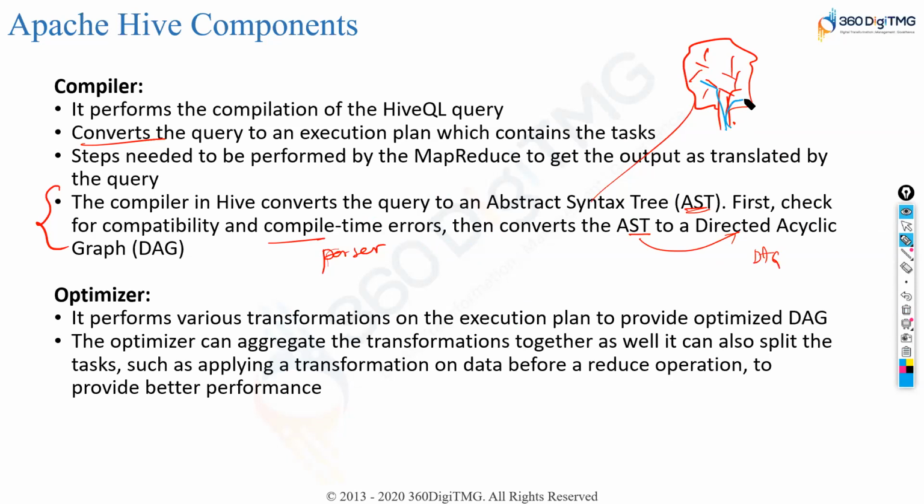Among all, it chooses. So AST is just a tree. After checking for the syntax errors and all that, we apply these AST and DAG components. So first generate AST, and from this AST you take DAG. DAG is nothing but an action plan. DAG, you can imagine it is like an action plan.